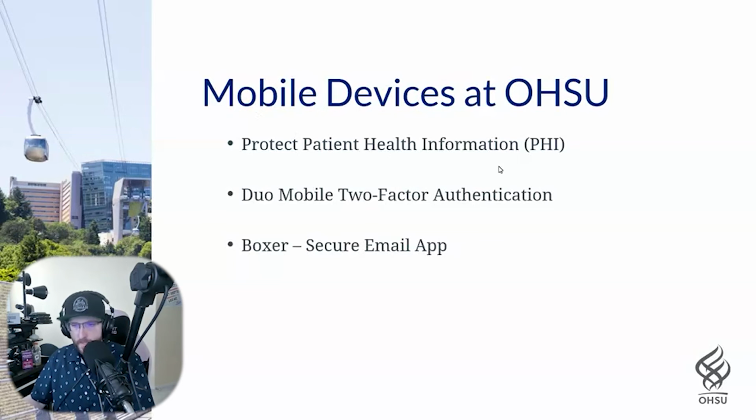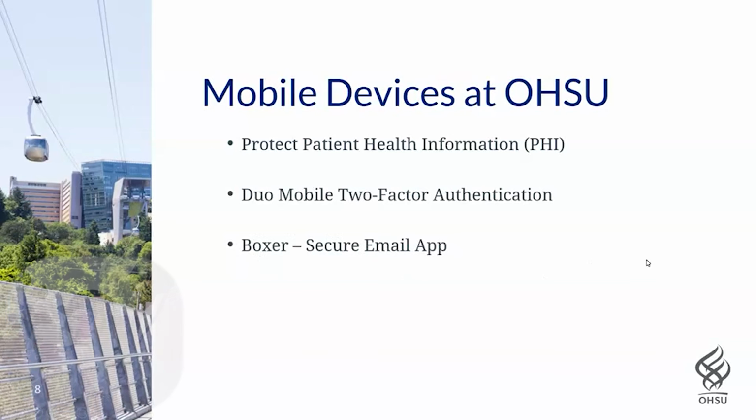That's not completely necessary, but it's an add-on. Beyond that, your cell phone shouldn't be used for much else here at OHSU, and it certainly shouldn't be tied to any other OHSU related systems.